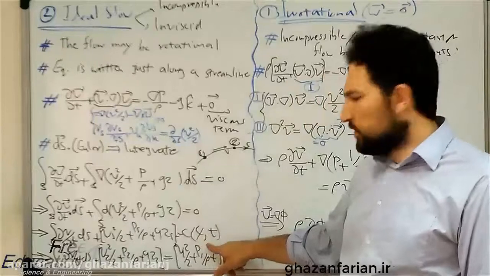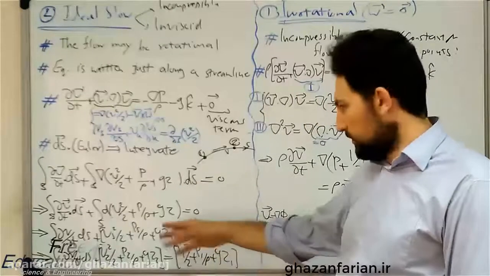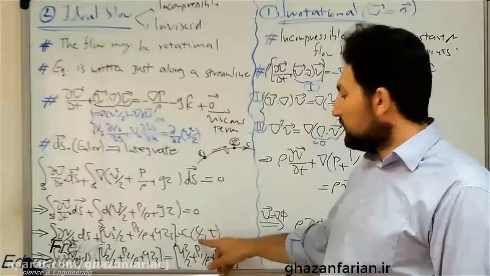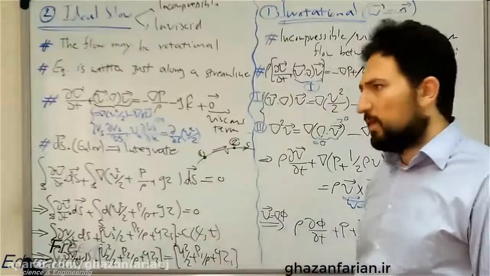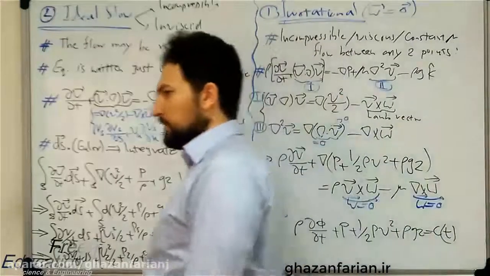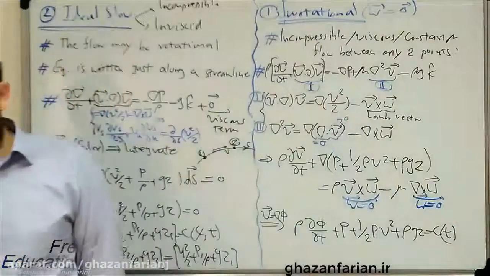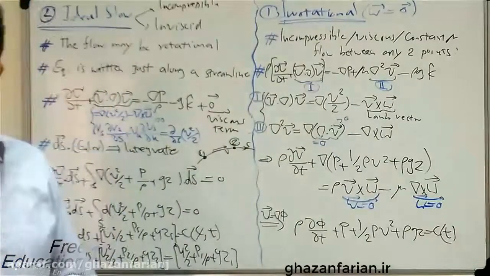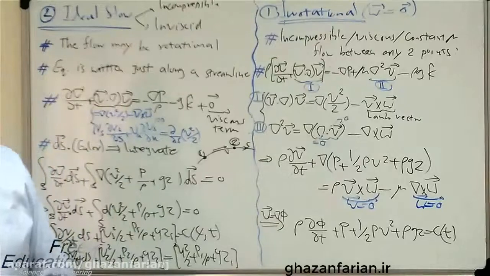This constant is a function of time because the flow is unsteady, as you see, and a stream function. A stream function is a scalar quantity which is constant along a streamline. The stream function is a tag which is used to determine which streamline you are talking about.